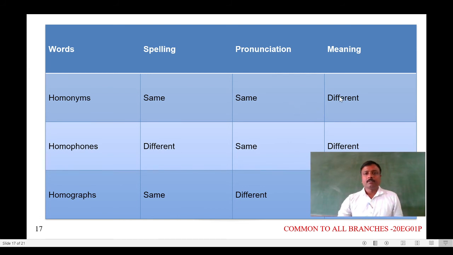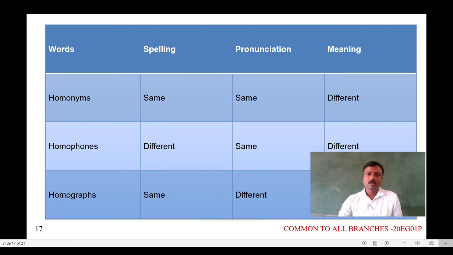Homonyms are those words which have the same spelling, same pronunciation, but different meanings. For example, bank. We have two banks. One bank means river bank, another bank means a financial institution. Like this, we can get so many homonyms through the internet or through YouTube.